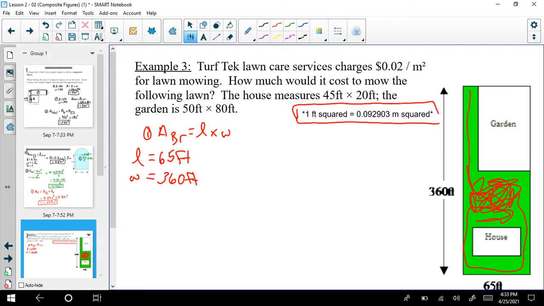Okay. And then what we have to do is plug the information we just found into the equation. So my area equals, okay, this is really bugging me how I can't write nicely.